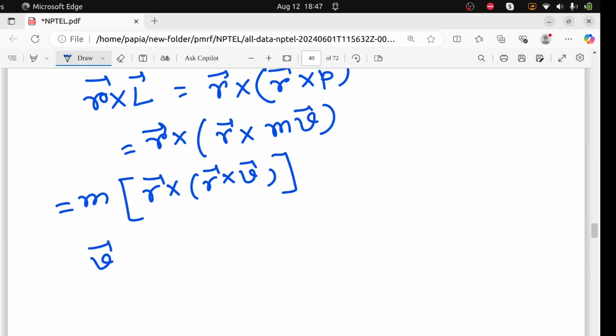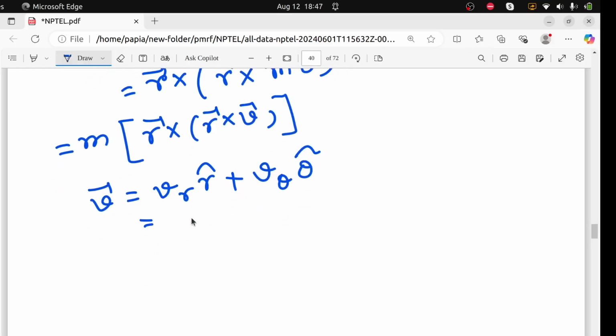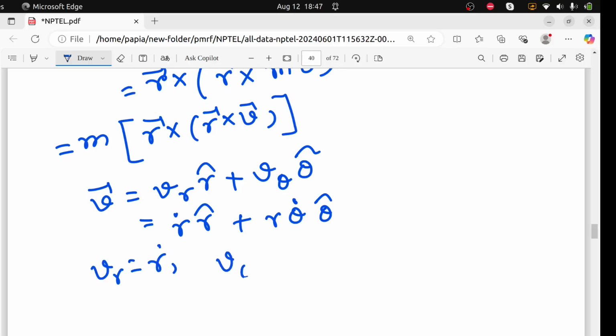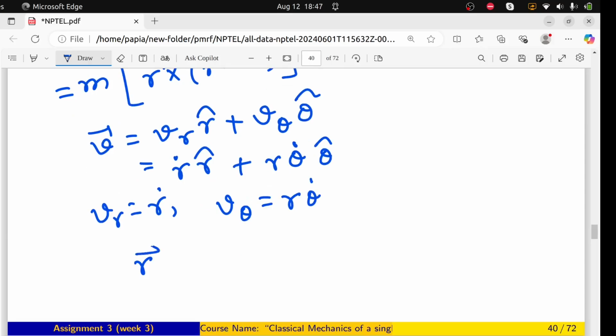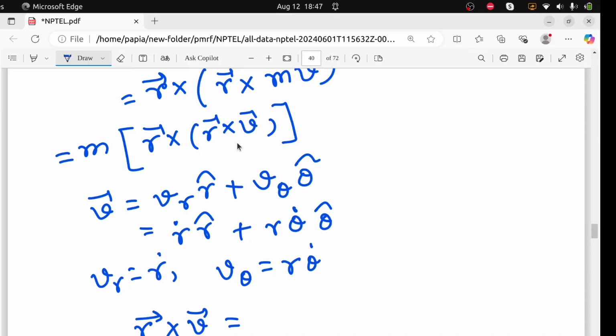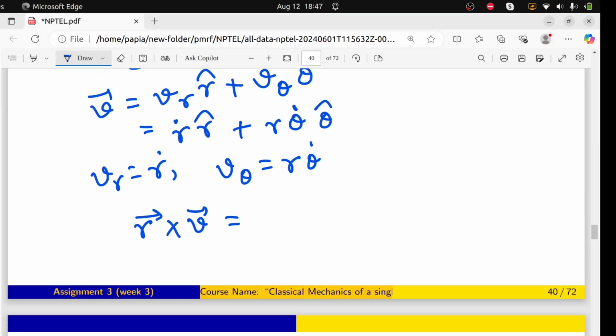First of all, v I can write as v_r r cap plus v_theta theta cap. So v is r dot r cap plus r theta dot theta cap, because v_r is r dot and v_theta is r theta dot. So r vector cross v vector: that will be r vector cross (r dot r cap plus r theta dot theta cap).